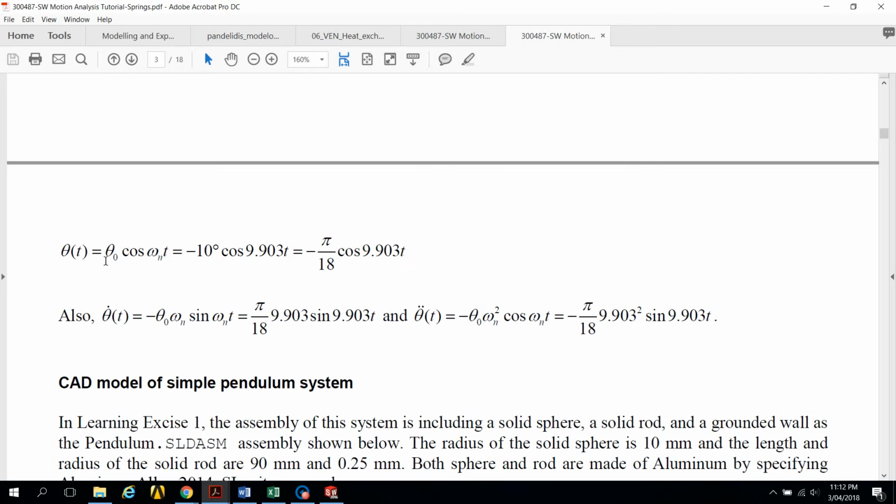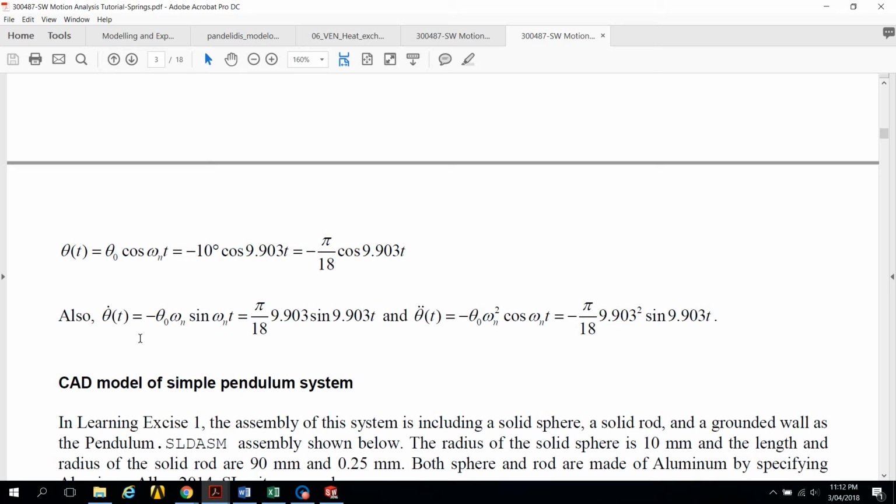So theta t is going to be equal to minus pi over 18 cosine of 9.903 t. Also the theta dot t, the angular velocity, by substituting all the values, is minus theta o omega n sine omega n t, and the answer is going to be pi over 18 multiplied by 9.903 multiplied by sine of 9.903 t.